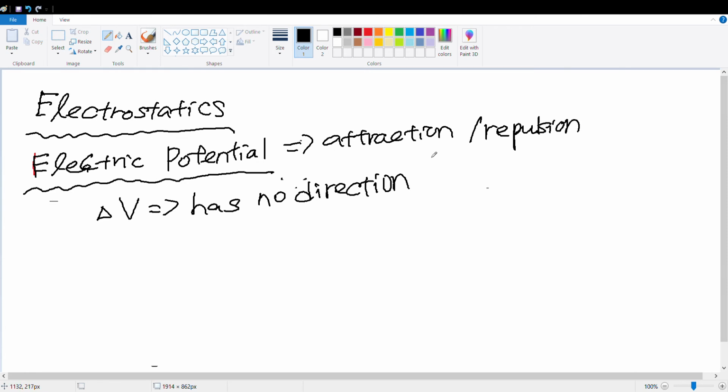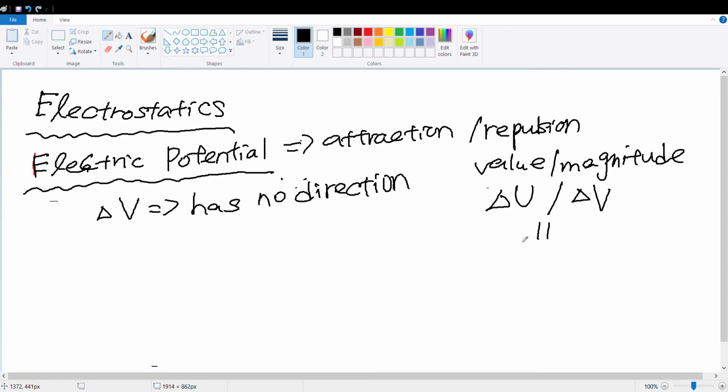So the value or the magnitude, whatever for electric potential energy or electric potential, both of them can be positive or negative, depending on the type of charge that is carried.